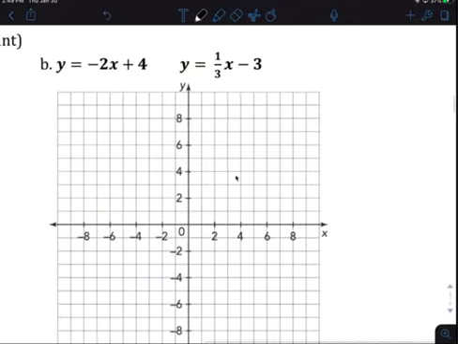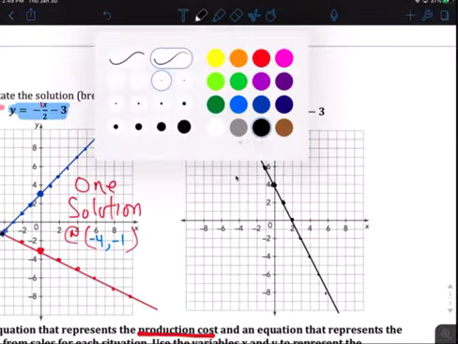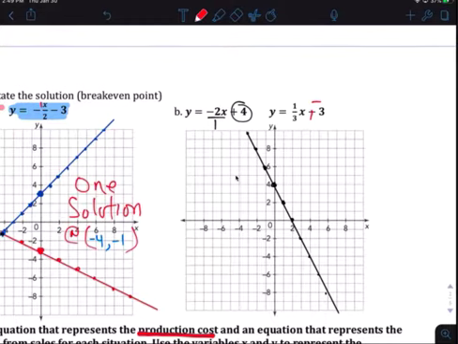So let's graph this one at 4. The y-intercept is at 4. The rate of change slope is down 2 over 1. Graph that, down 2 over 1. Okay, and graph it the other way. And then you got your lines. And then the other one, the y-intercept is -3, which is right here, up 1 over 3, up 1 over 3.